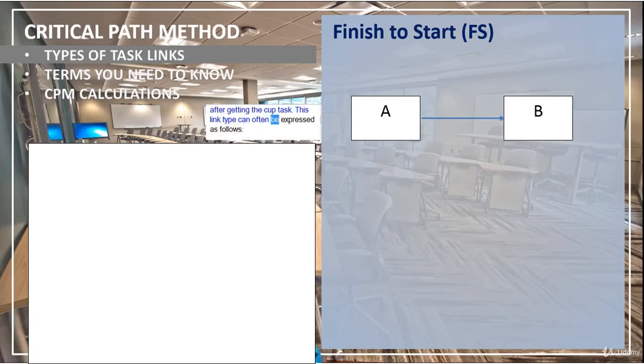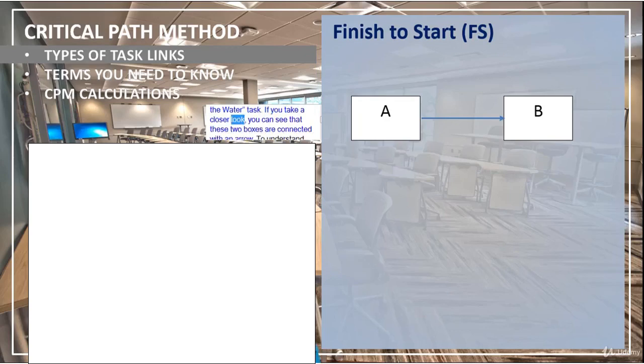This link type can often be expressed as follows. Here, A and B letters in the boxes are the name of the tasks or activities. So, in our example, A will be the getting the mug task and B will be the pouring the water task.